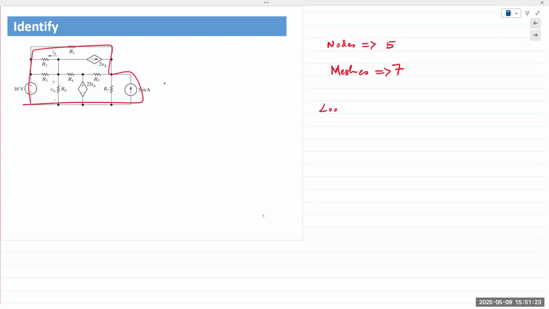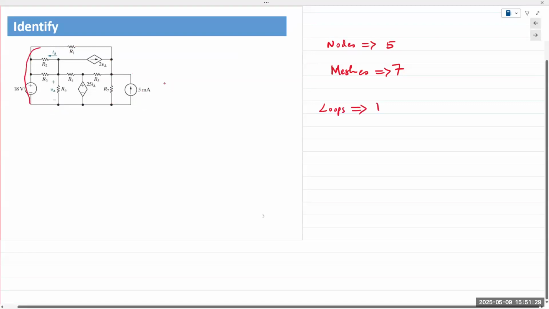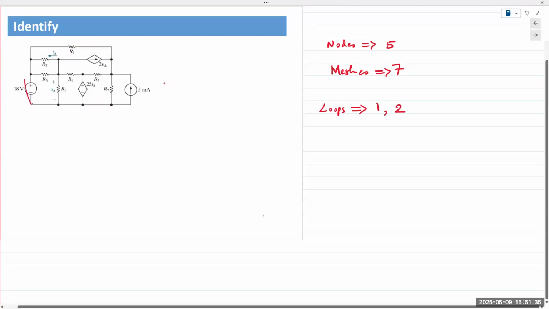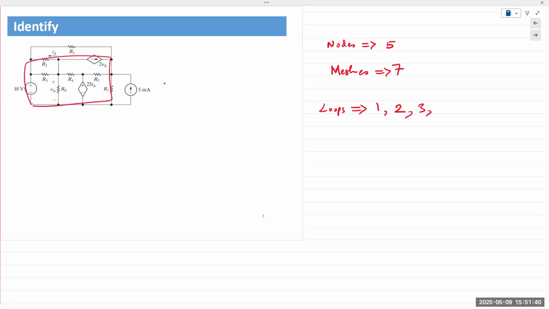So 1, that's 1. That's 2. And then that's 3. This circuit has many loops.